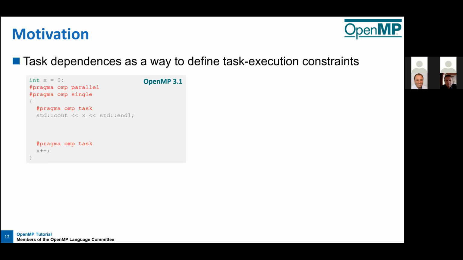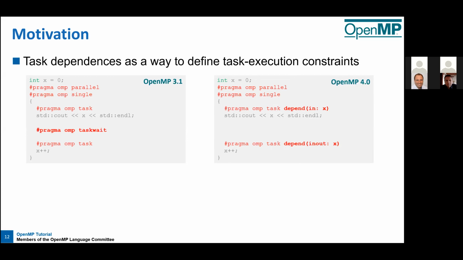So probably what we want is to make sure that this task runs first before the other task is scheduled for execution. And the way to do this is to introduce an OpenMP taskwait construct, which only lets the generating task, the parent task, proceed to create the next task once that task has finished, right?